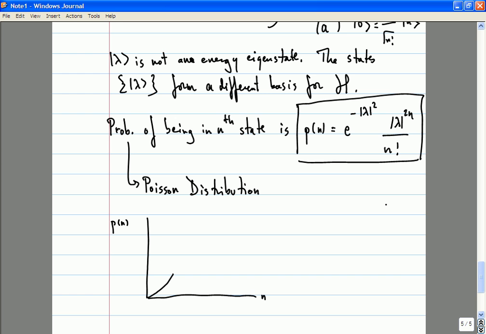But then, at some finite value of n, it will turn around, because at some value of n, the n factorial will take over.